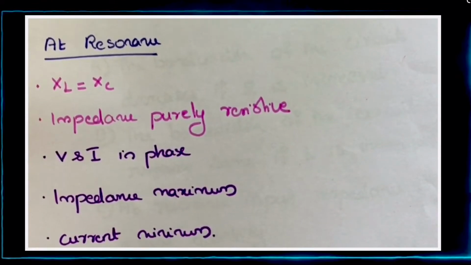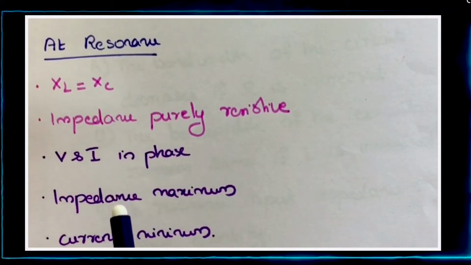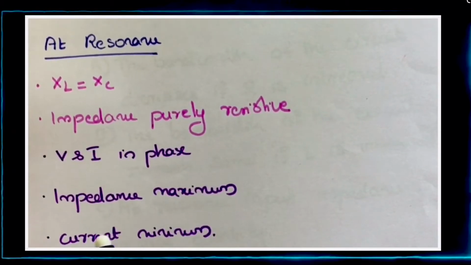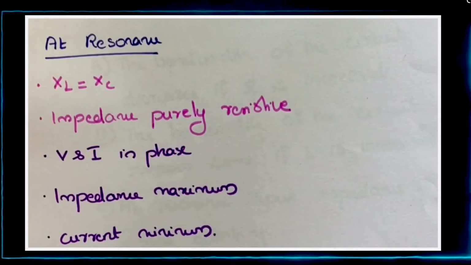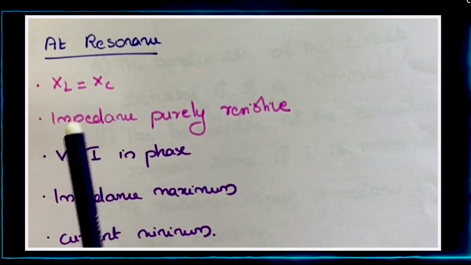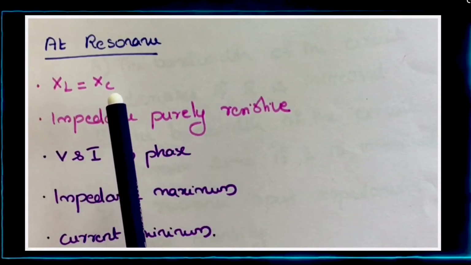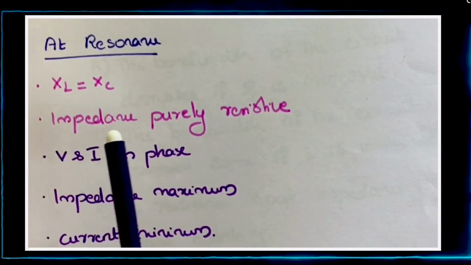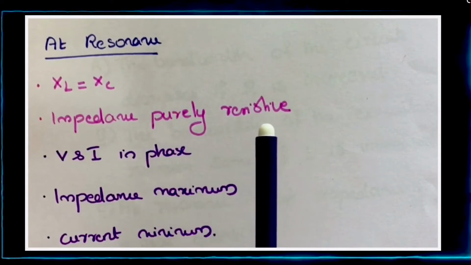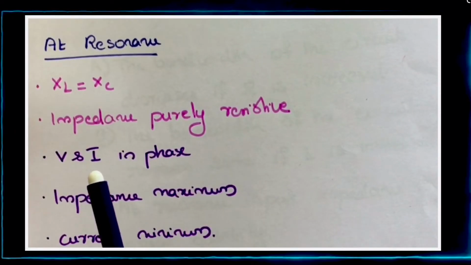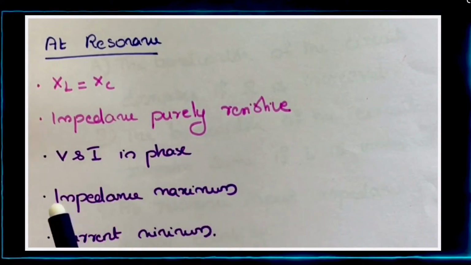These are the characteristics of a parallel RLC circuit at resonance. At resonance, inductive impedance becomes equal to capacitive impedance. The impedance purely becomes resistive, and hence we can say that the voltage and current V and I in the circuit are in phase.